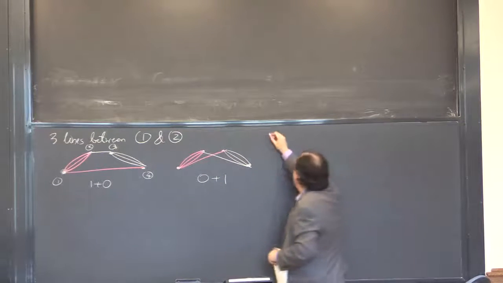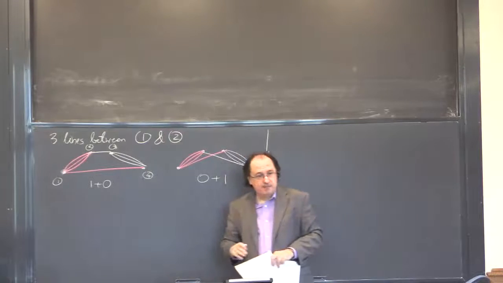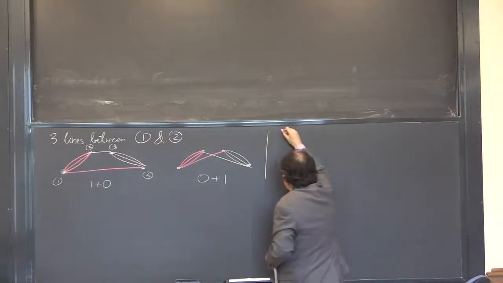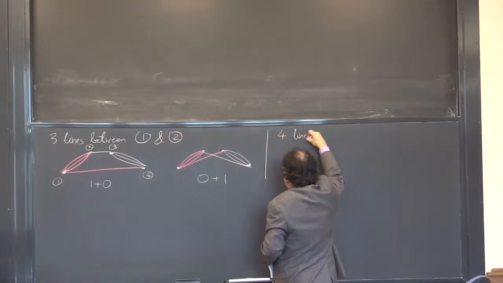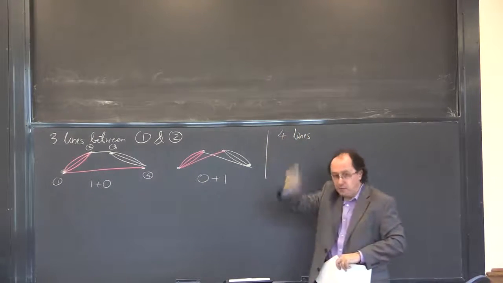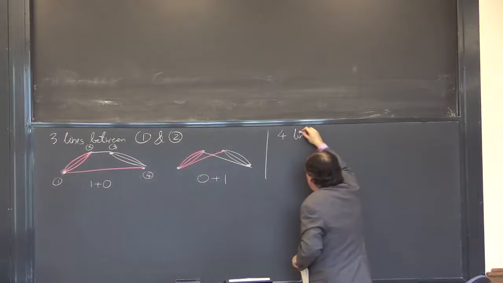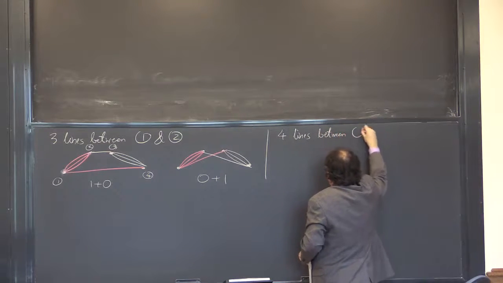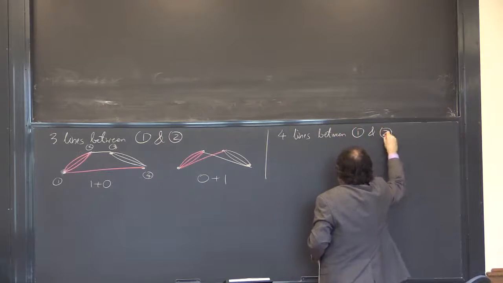And then, if you want to consider logically all possibilities, the last possibility that we will have to consider is 4 lines, because remember, each vertex has 4 lines. So I have 4 lines at 1, so I will have to logically look at 4 lines between vertices 1 and 2. Well, let's try that.